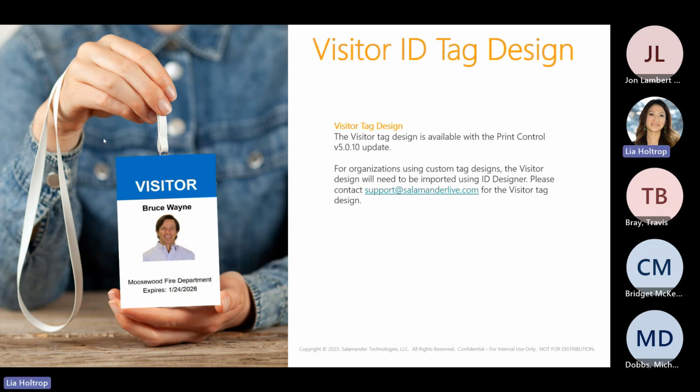Okay. So this is the design itself. It's real basic. It's colored blue at the top, says visitor on there, so you know for sure that that's a visitor, very different than any of our other designs. The person's name will be printed there, their picture if you uploaded one or if you took their picture, their organization. Of course, you have the option to add an expiration date in there.